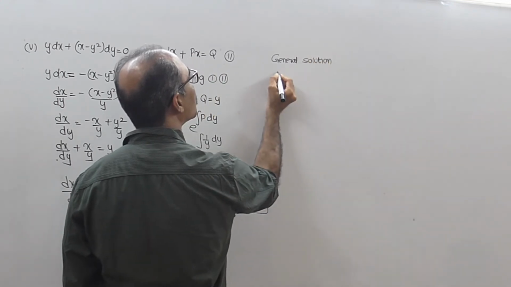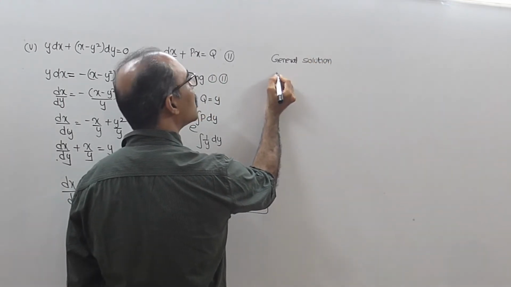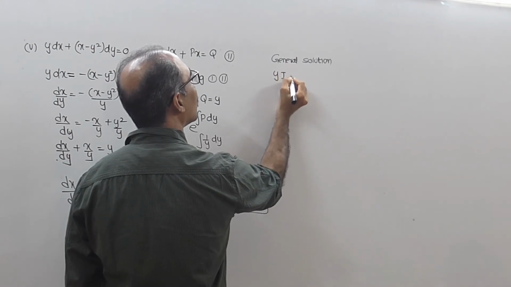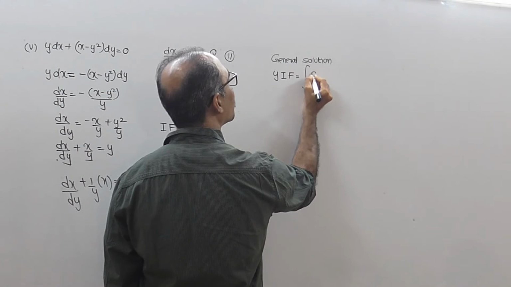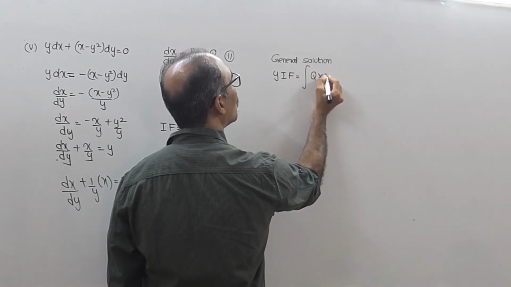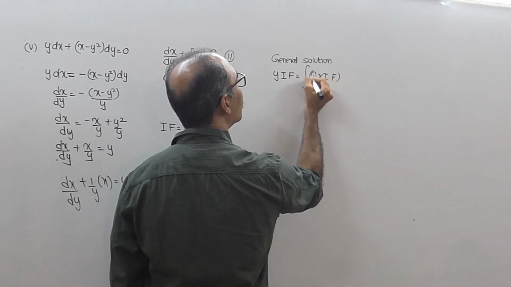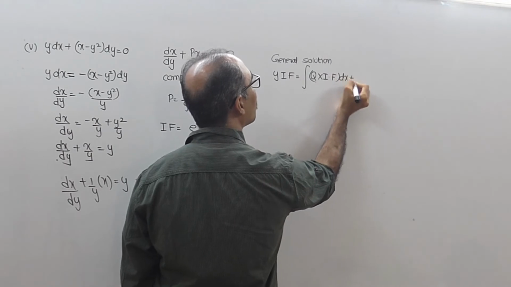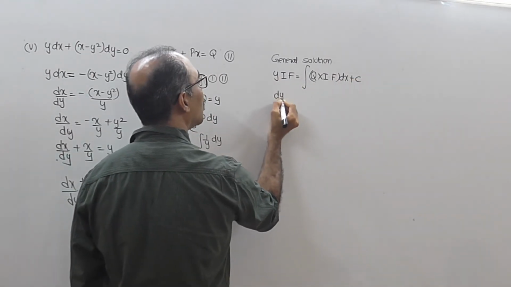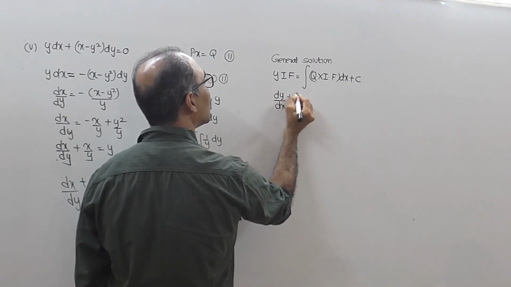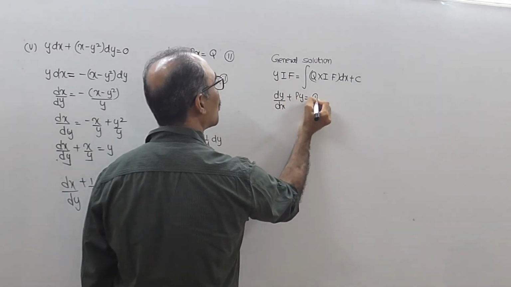The general solution will be, in the normal course, what is the general solution? y integrating factor equal to integration q into integrating factor into dx plus c. This is for which form? This is for the form dy by dx plus py equal to q.